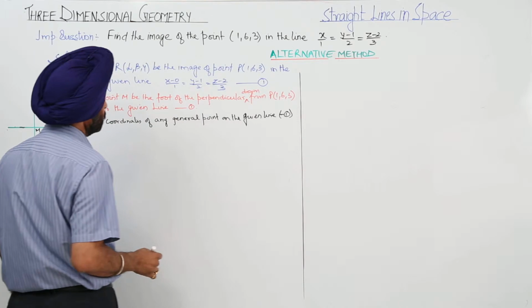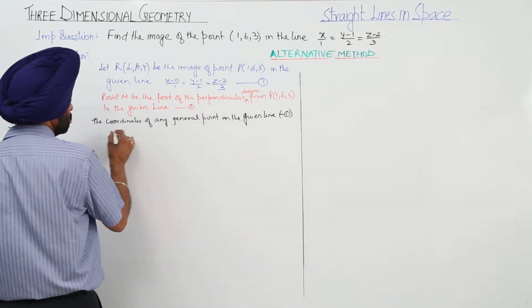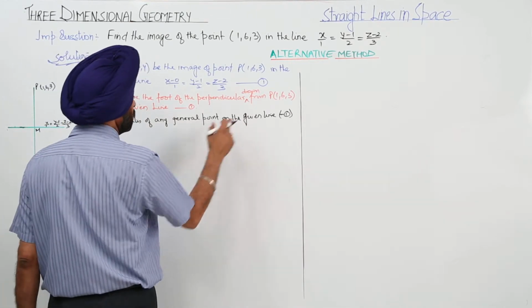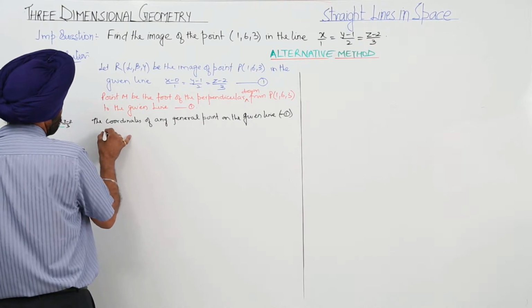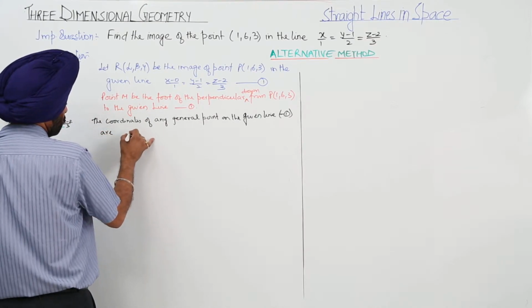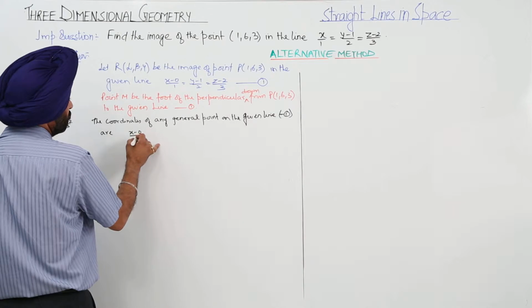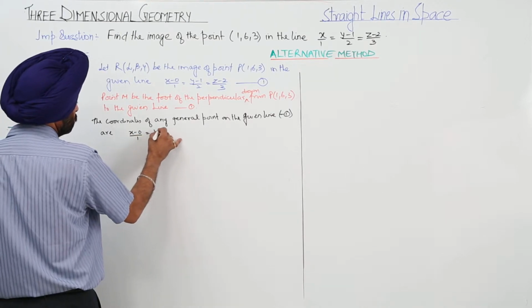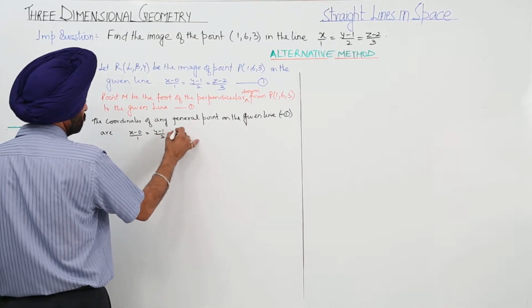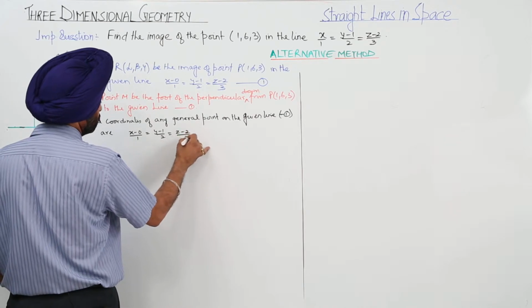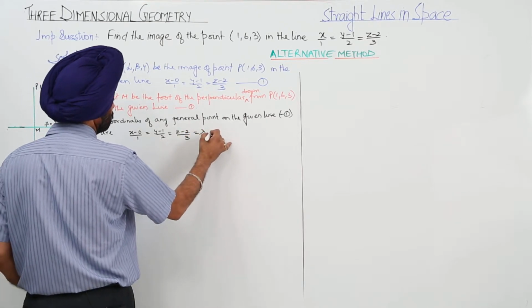Let x minus 0 upon 1 is equal to y minus 1 upon 2 is equal to z minus 2 upon 3 is equal to lambda.